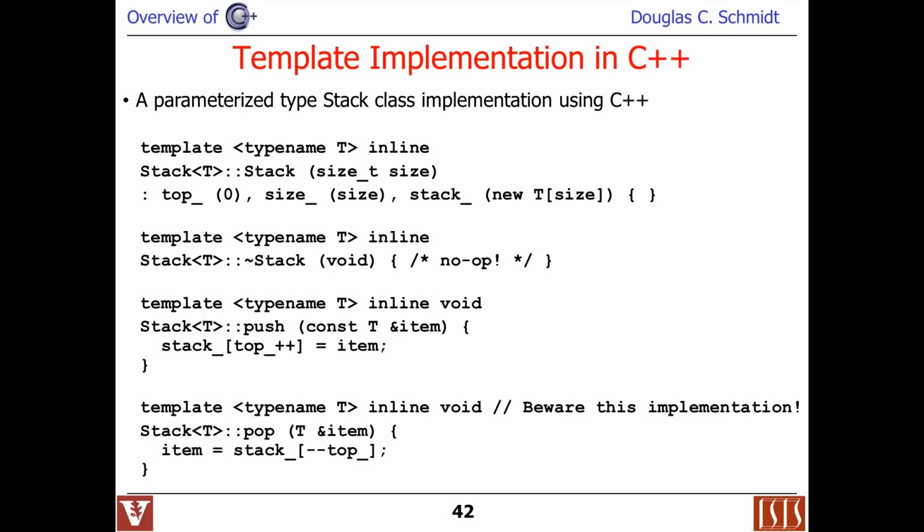What will happen? Well, you won't get back the item you were popping. That'll be lost, but the stack will be modified. So you won't have preserved the exception safety guarantees because you will have left the stack modified, you will have lost the value, and you can't get it back at that point. So that's a bad interface. Anytime you lose something and there's no way to stop it from being lost, that's a problem.